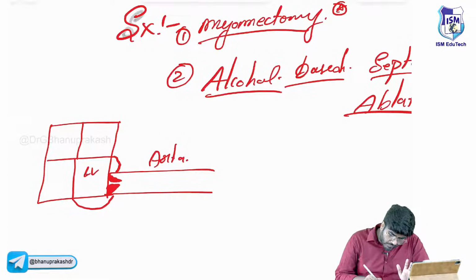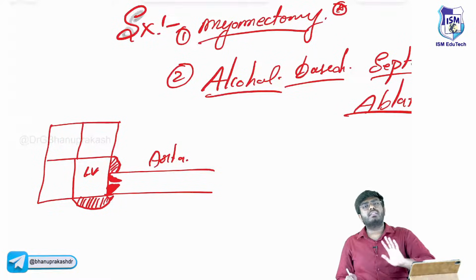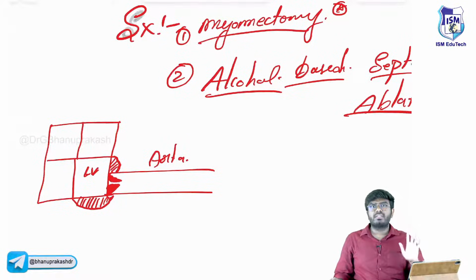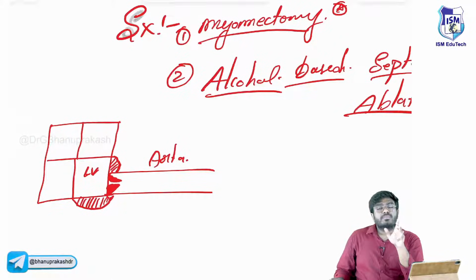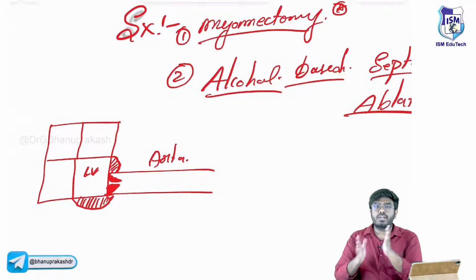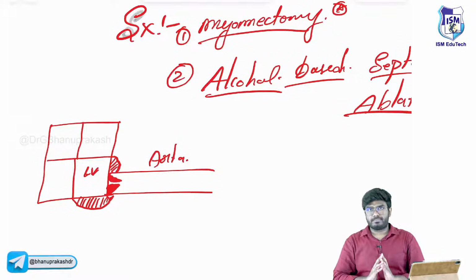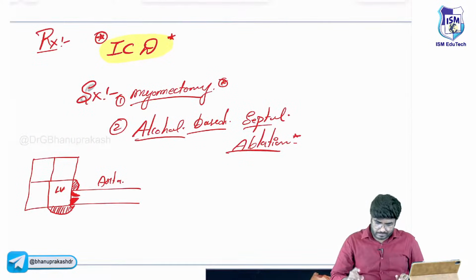So left ventricular hypertrophy seen in aortic stenosis, don't say that is hypertrophic cardiomyopathy. That's a totally different thing. Hypertrophic cardiomyopathy is because of a mutation of the MYH7 gene on chromosome number 17, causing asymmetrical septal hypertrophy. Keep that one point in mind.